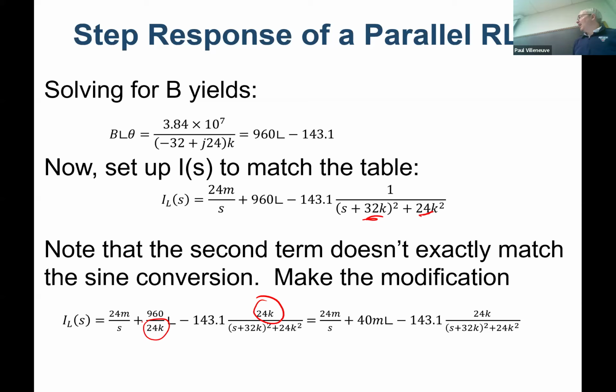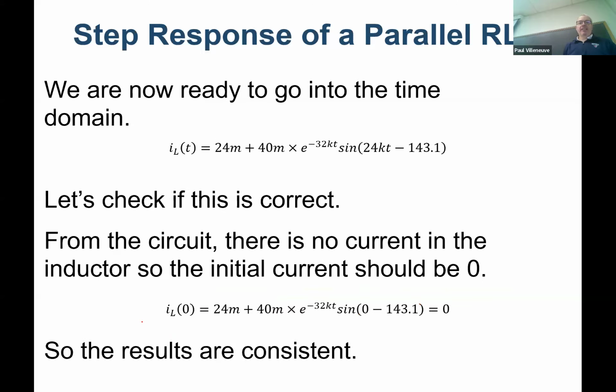So my final IL of S has got to be 24 milli over S plus 40 milli at an angle of minus 143.1 times 24K over S plus 32K squared plus 24K squared. Those are the two partial fraction expansions. Now I take it into the time domain, and here's my final answer. Let's do our sanity check and see if it's correct.